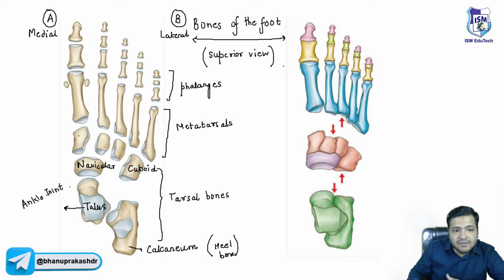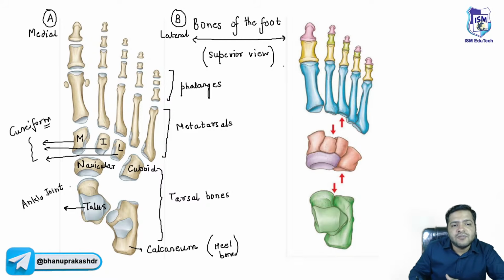And beta, starting from the medial side, this will be medial, this will be intermediate, and this will be lateral. All three of these bones have one common name, and that name is cuneiform.